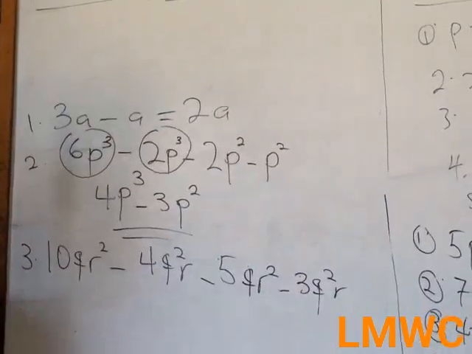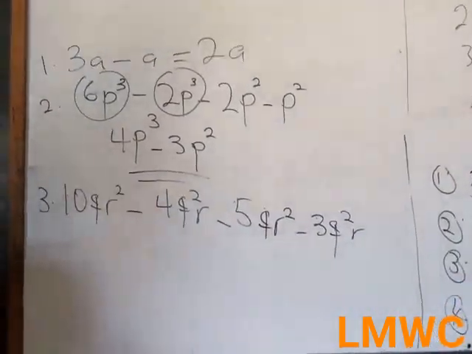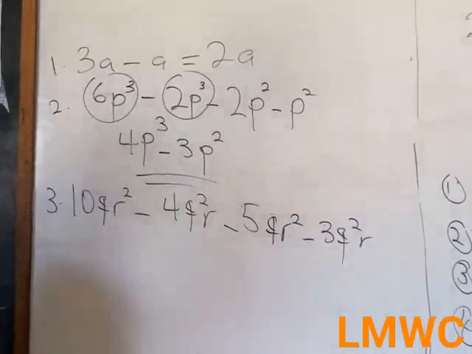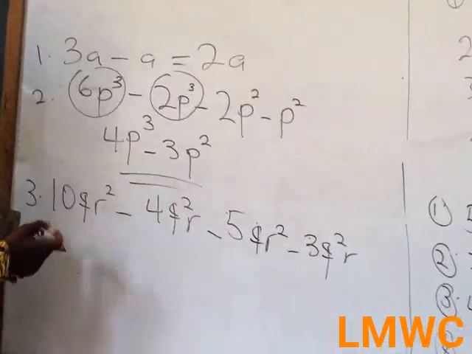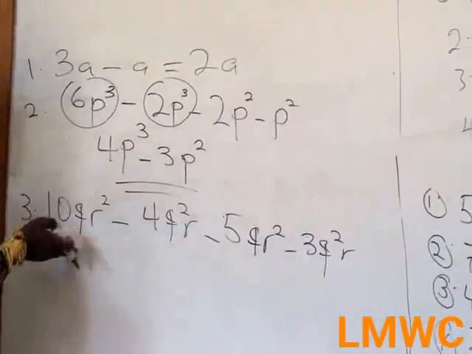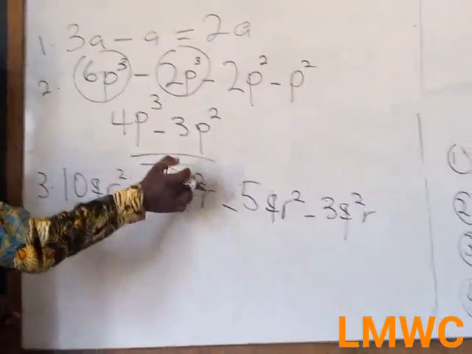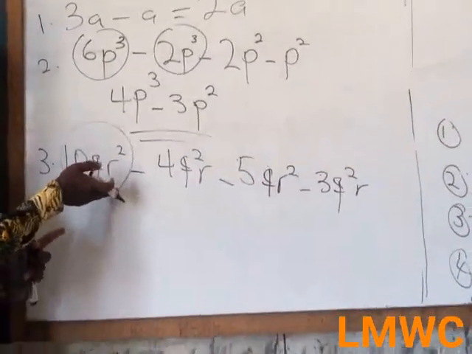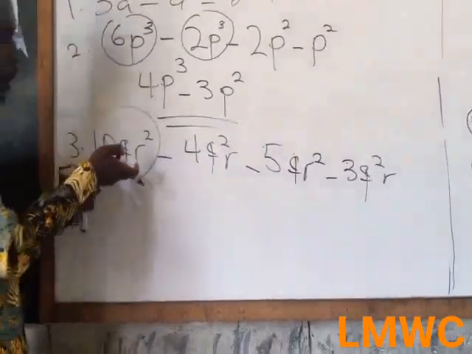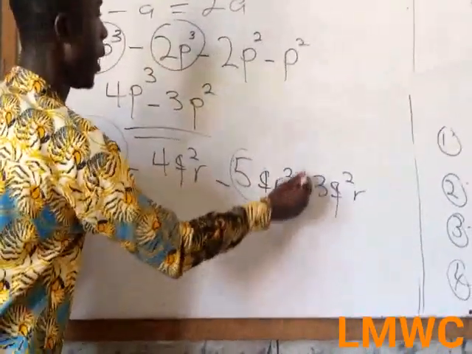10qr squared minus 4q squared r minus 5qr squared minus 3q squared r. So this one, you see they have mixed them up, because this and this are not like terms. We have q squared, so we have to check the term that matches this expression. So you see this and this are like terms.